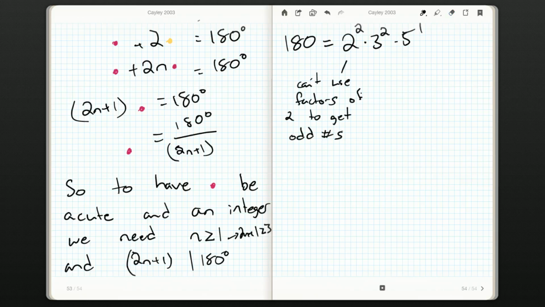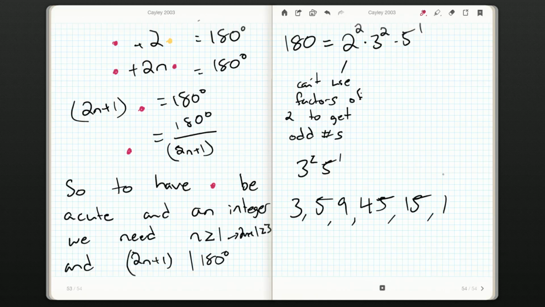That just doesn't work. So really what we're looking for is factors of 3 squared times 5 to the 1, or 45, which aren't the number 1. Number 1 won't work. We'll have to at least have 3. And you could list them out if you want to. So 3, 5, 9, 45 would do just fine. 15, I missed that one. 1 is a factor. We're not going to look at that one, but that is a factor.